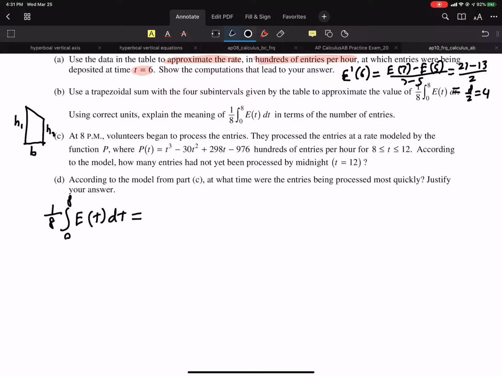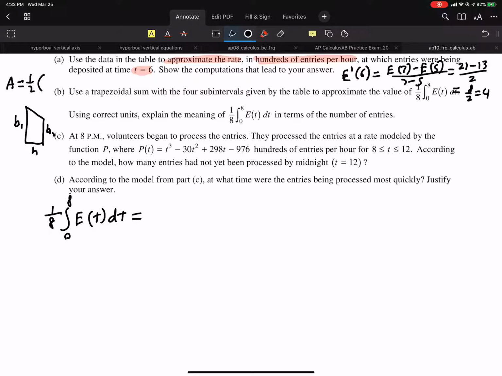The area of a trapezoid is kind of like a triangle. I'm going to call this B1, B2, and call that h, so it makes more sense to you.